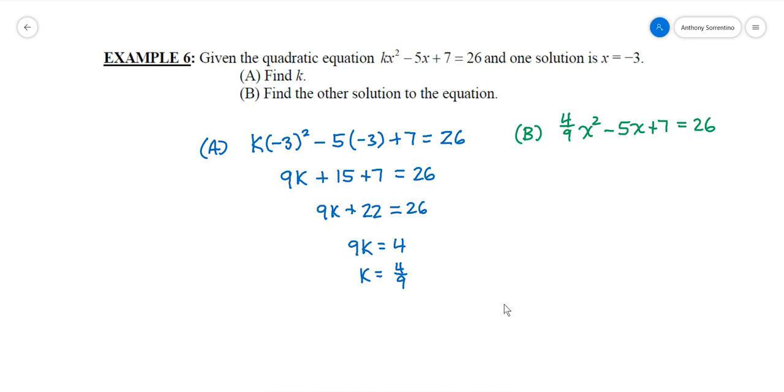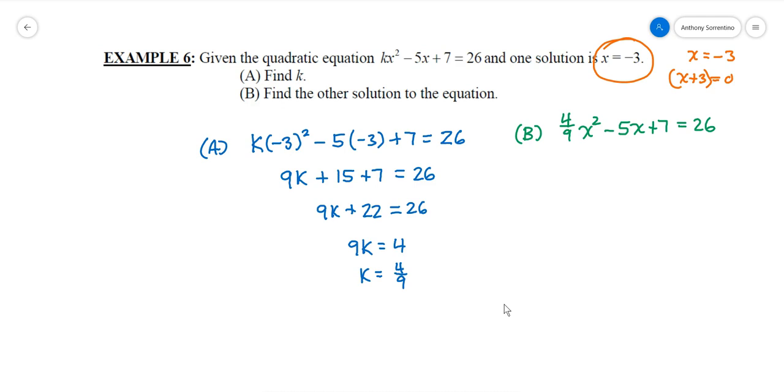So I could use some factoring. I could use any of the methods at all here. I just have to make sure that whatever method I use, this x equaling -3 does become a part of it. If I'm doing factoring, keeping in mind if x equals -3, that means that x plus 3 would have to equal 0, so if I'm using the factoring method, I would expect to see an x plus 3 come about.